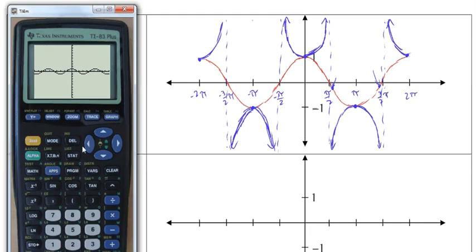So now y equals, let's not graph cosine right now, just 1 divided by cosine of x, or cosine of theta. Graph that. And there's your graph. Now notice it's graphing in the asymptotes. They're not actually part of your graph, so those lines wouldn't be there.